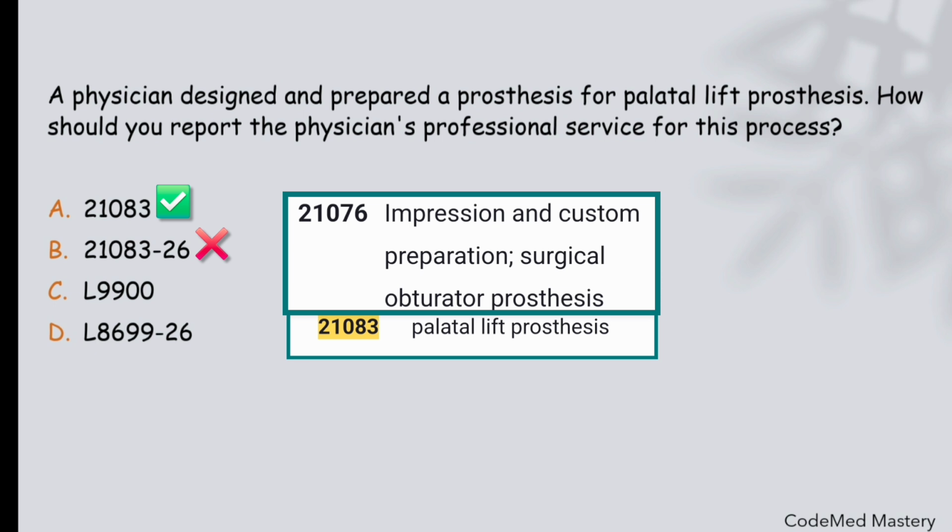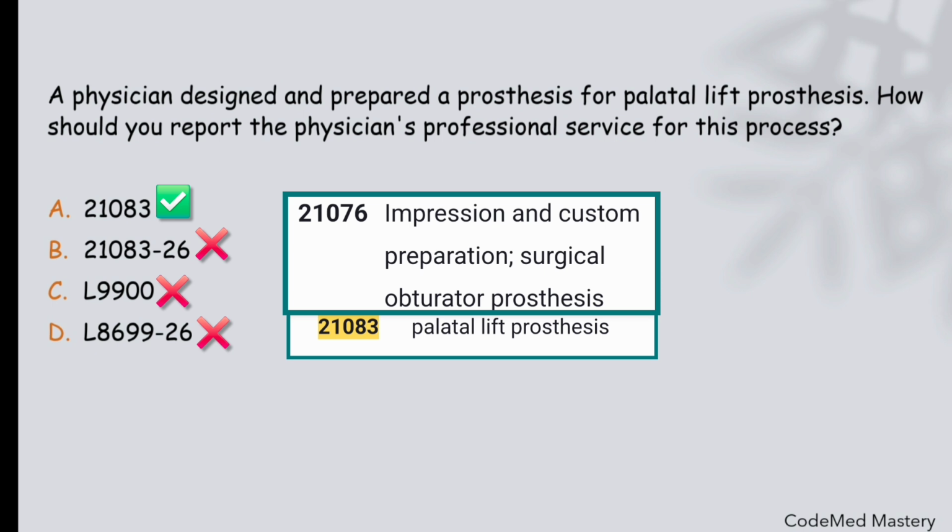Option C and D are HCPCS codes. It is used for miscellaneous prosthetic services and supplies, right? In the question, they have given physician designed and prepared a prosthesis for palatal lift prosthesis. Therefore, we have to code for that. We should not code HCPCS code, that is for miscellaneous prosthetic services and supplies.